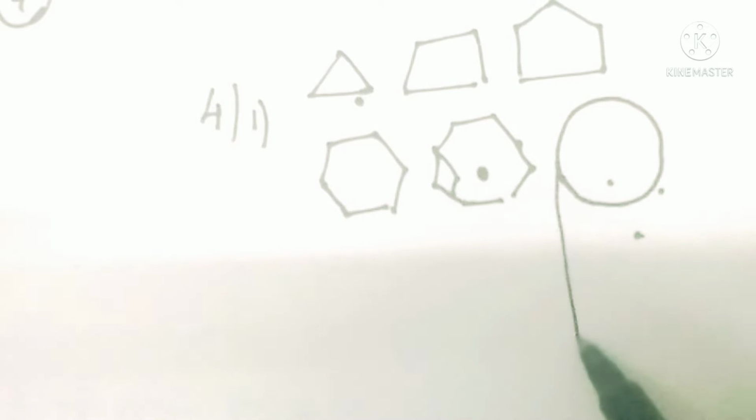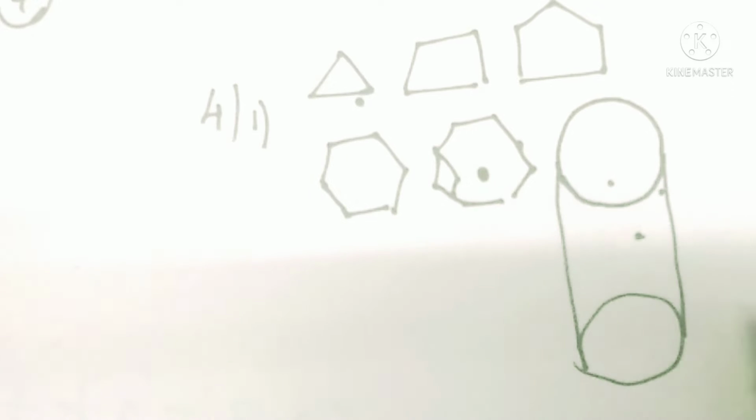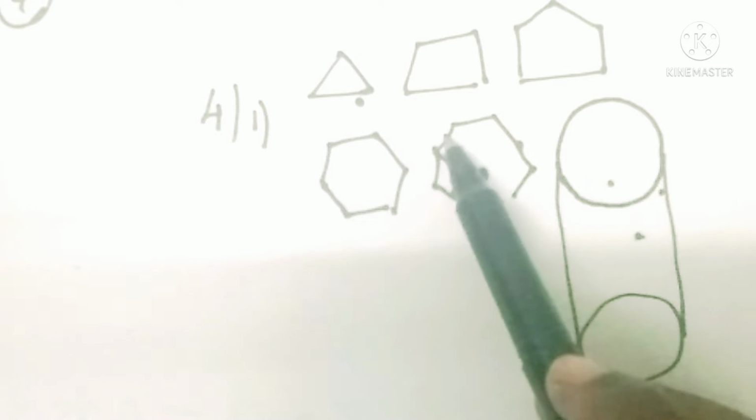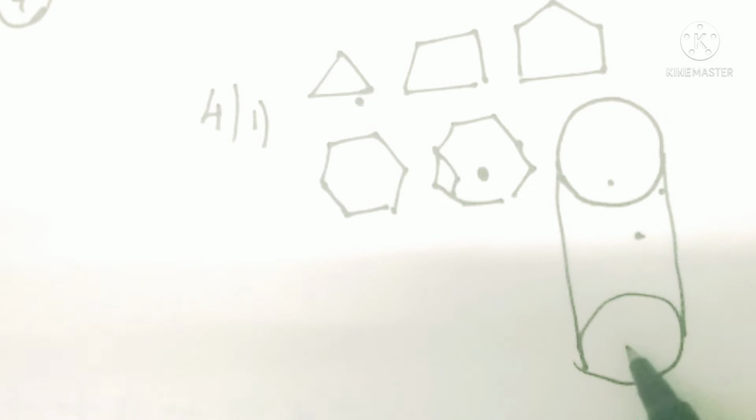Cylinder looks like this, right? Okay. So slowly, if you increase more and more sides, it will become a circle here, and then it will look like a cylinder.